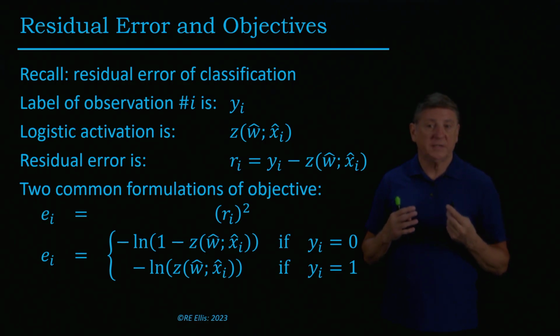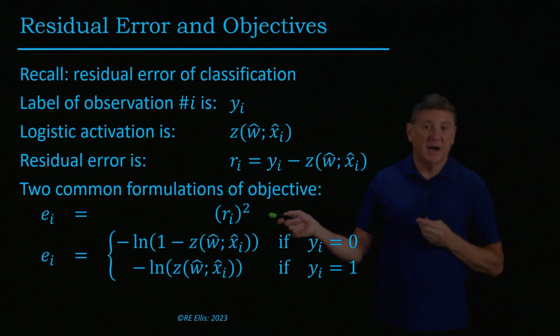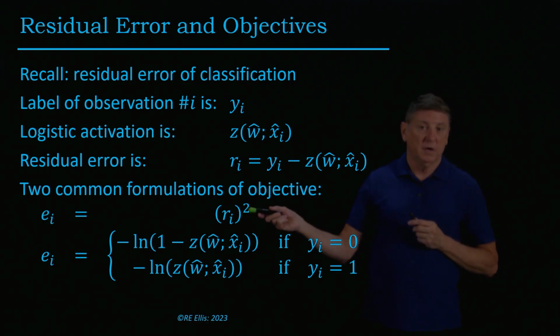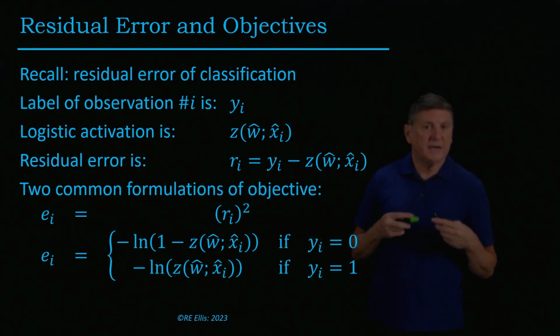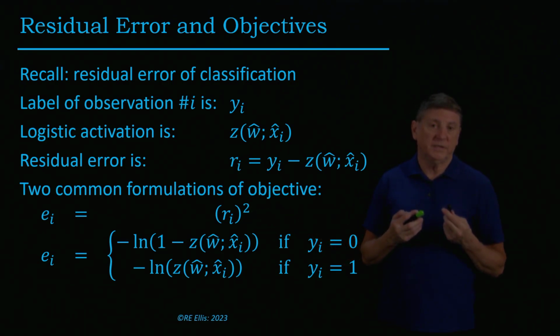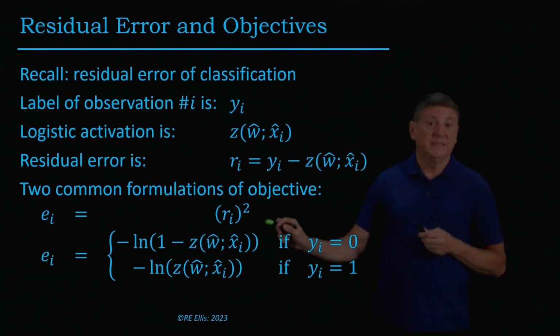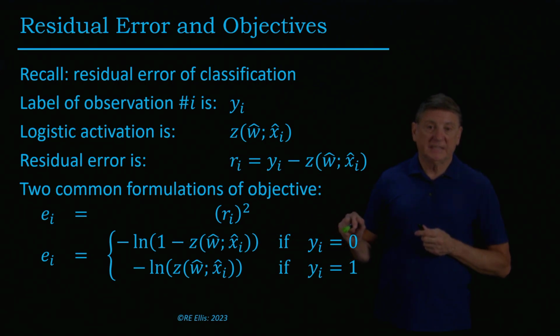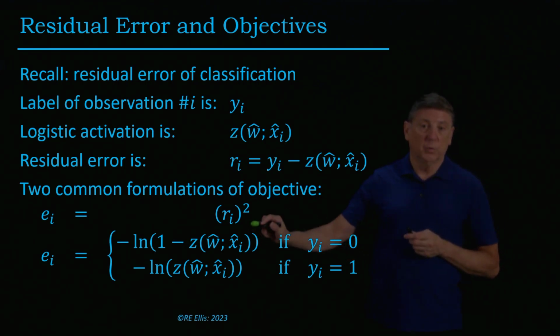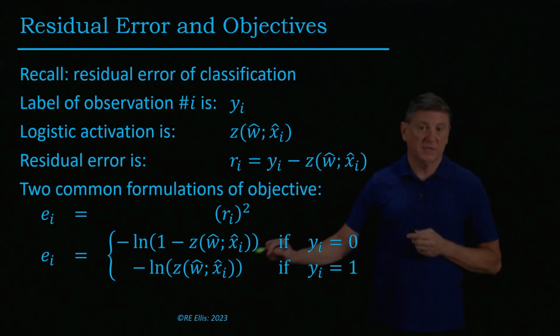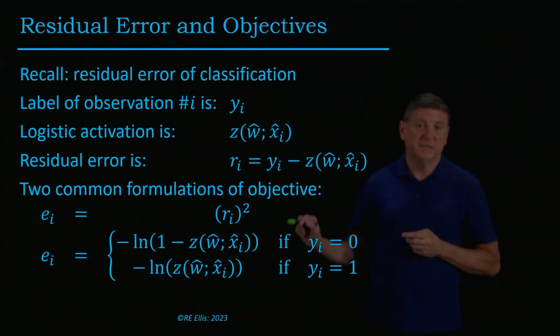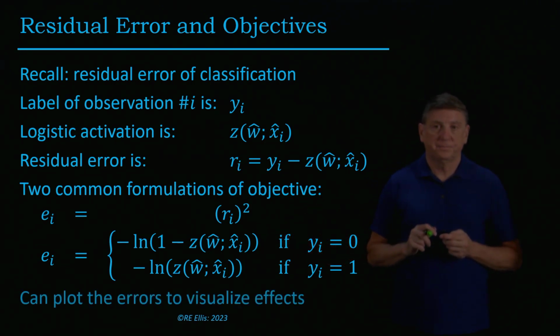And the two ways are, we can say that the ith error is the square of the residual, which is along the lines of what we did for linear regression, or we can use what's called the negative log measure. And what that means is if the label is 0, we perform this computation. If the label is 1, we perform this computation. So we can either use a squared error objective or a negative log objective.